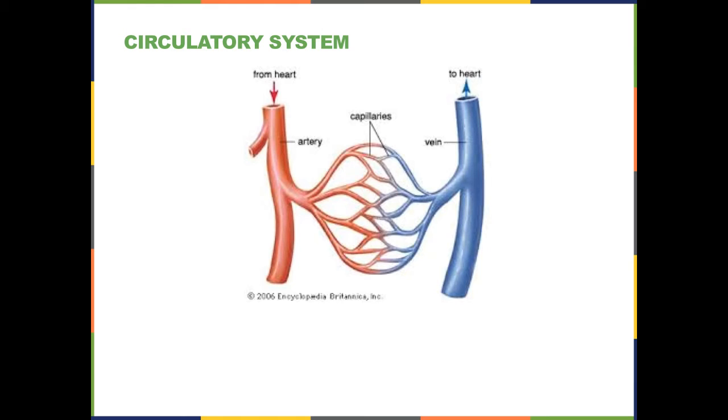Now, this is the circulatory system, and the circulatory system is made up of arteries. The definition of an artery is a blood vessel that carries blood away from the heart. It can be oxygenated, and it usually is oxygenated blood, but it can also be deoxygenated blood, and the only requirement is that it carries blood away from the heart.